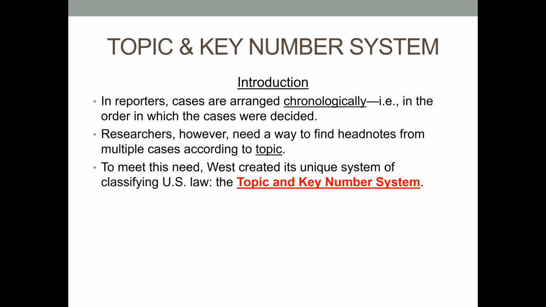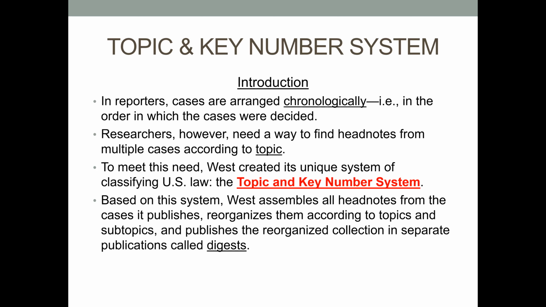So to meet this need of being able to find cases that address certain topics, West created its unique system of classifying all of the laws in the United States, and this system is called the topic and key number system.